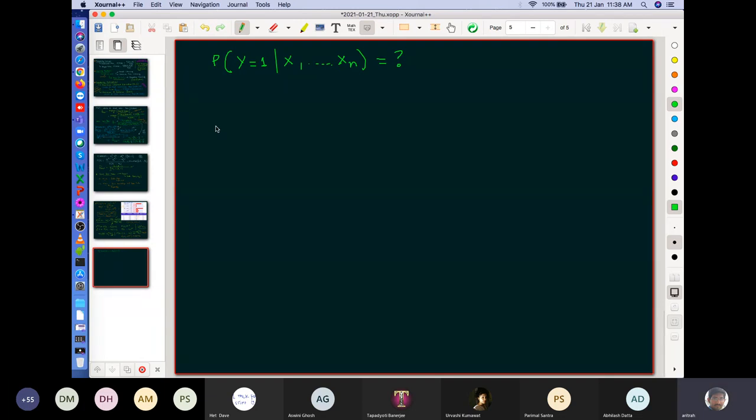So let me again go back to statistics and try to find our fundamental concepts. In statistics, there is a concept called conditional independence.